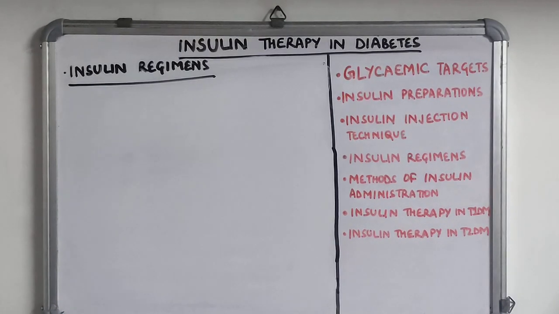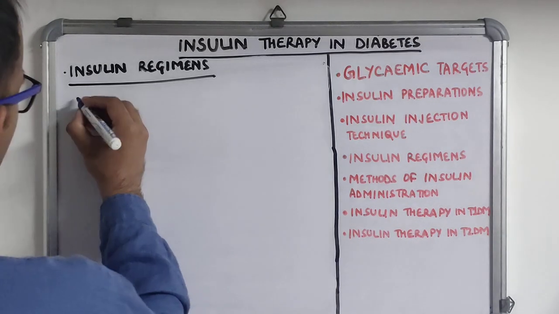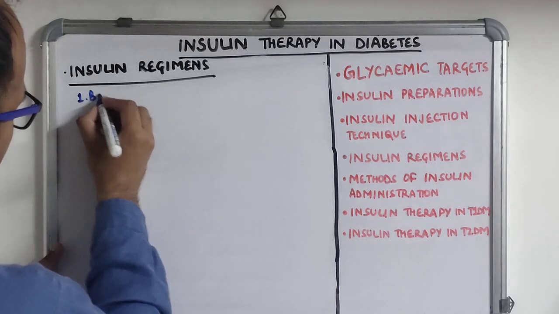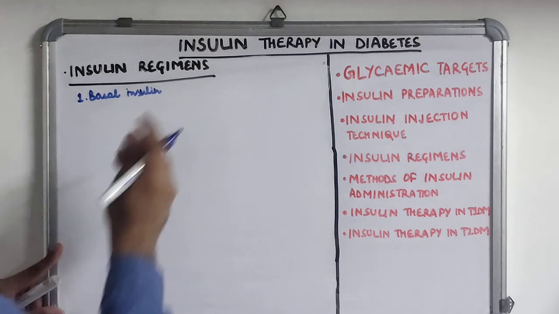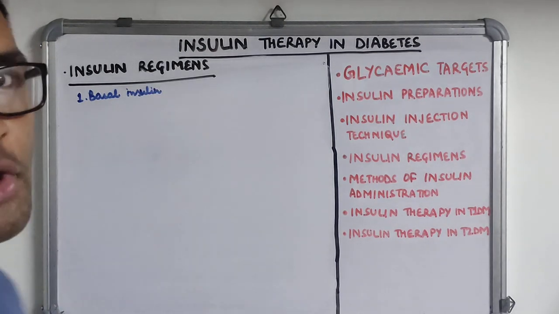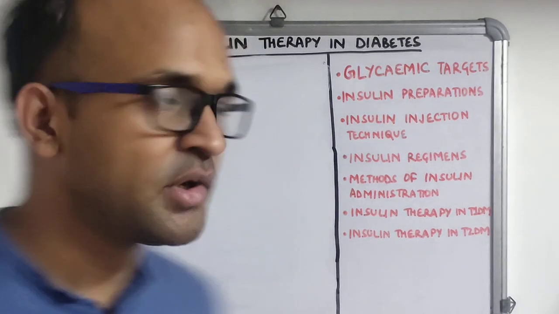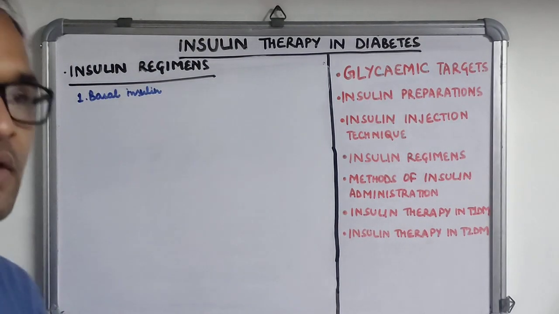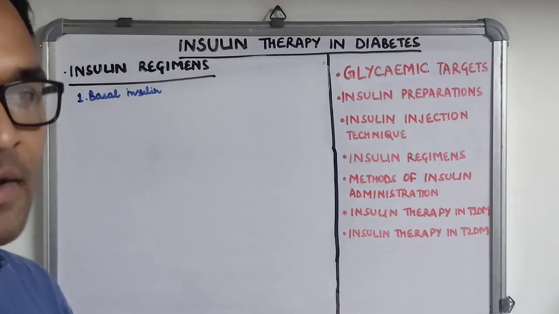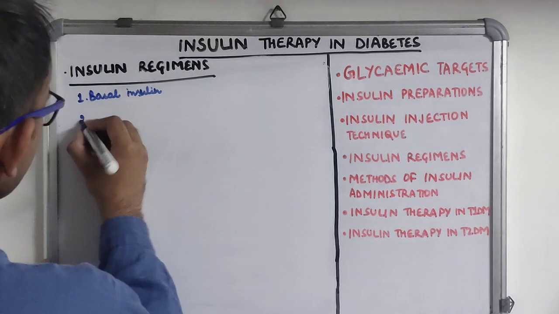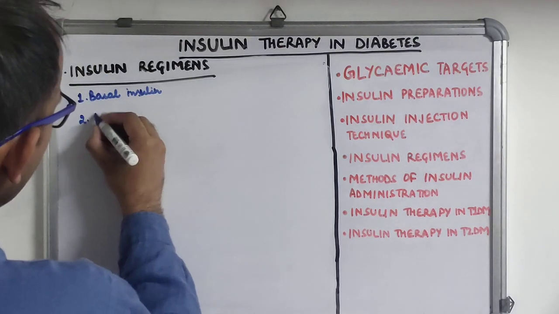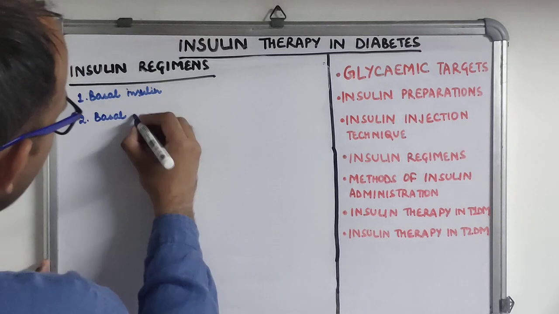Now we'll talk about the insulin regimens. First is basal insulin. In this we give a long acting insulin, usually at night, so that it provides 24-hour coverage for the basal insulin requirement in the body. Then we have basal plus.